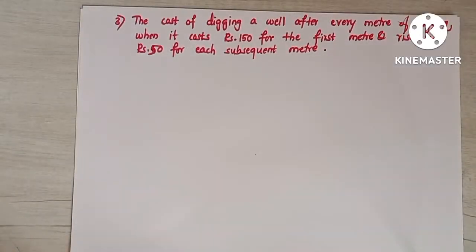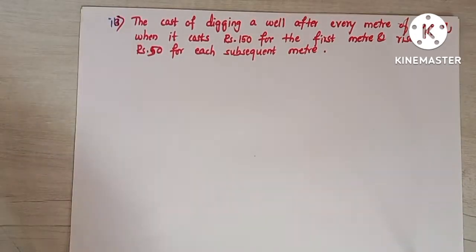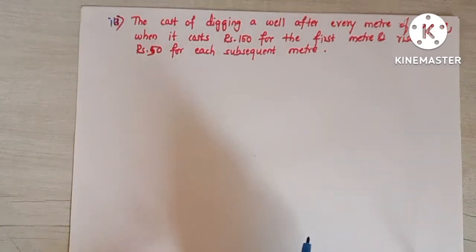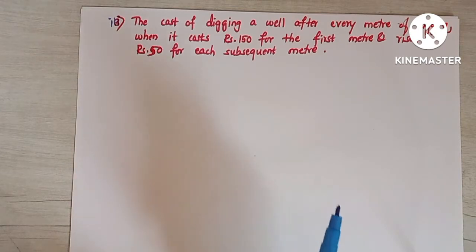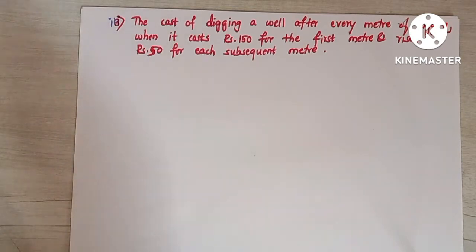So let us see the third question of this first. The question is the cost of digging a well: after every meter of digging, when it costs rupees 150 for the first meter and rises by rupees 50 for each subsequent meter. So what does the question say? Here the cost of digging a well is given for every meter.